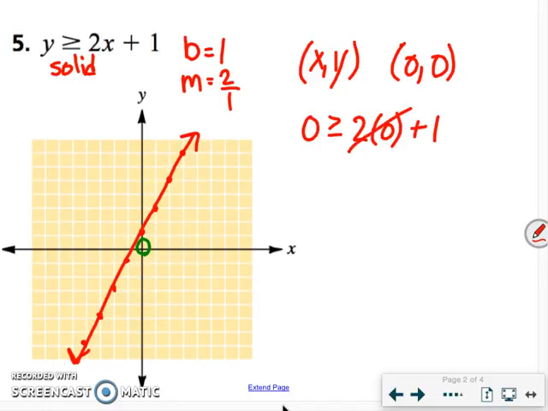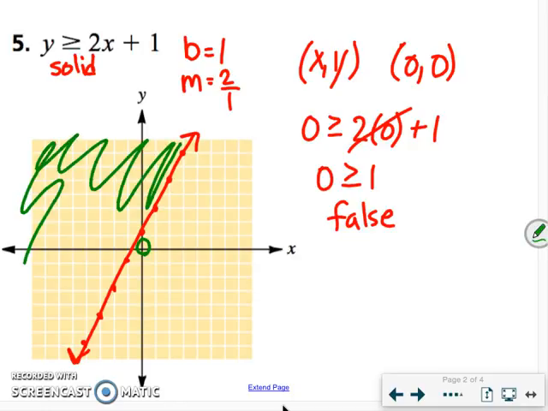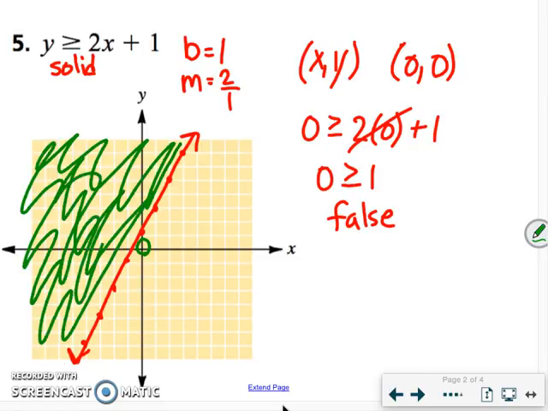This is eliminated because 2 times 0 is 0. So really we're looking at is 0 greater than or equal to 1. And that is false. So that means the origin is not in the feasible region. So it doesn't work. So we want to shade where the origin is not. So we want to shade on the other side of that red solid line.